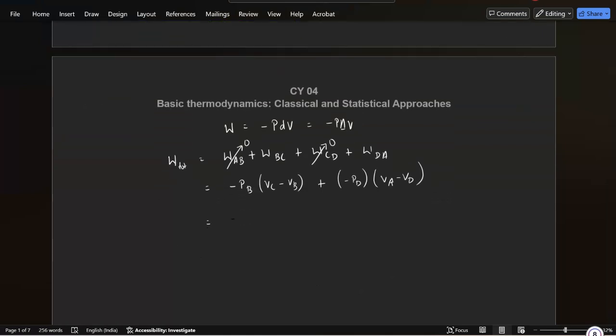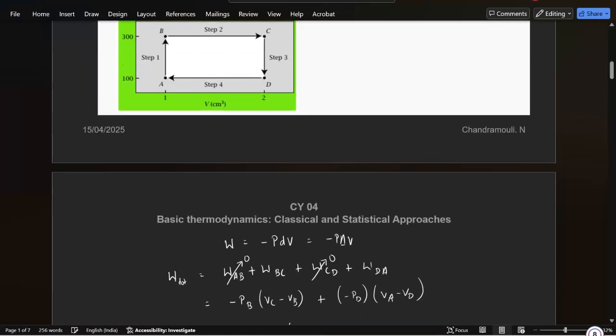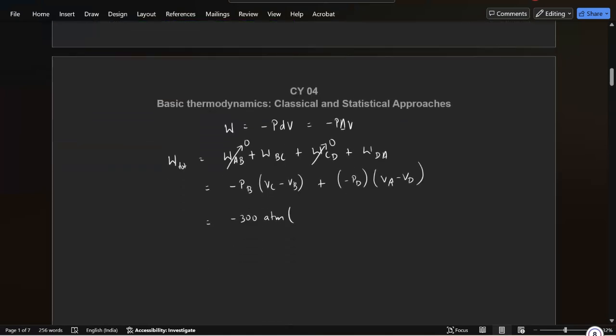Now, what are the values? Minus 300 atmosphere, and this is in centimeter cube. So Vc minus Vb is 2 minus 1, in centimeter cube. Plus minus 100 atmosphere, here again it is 1 minus 2 centimeter cube.